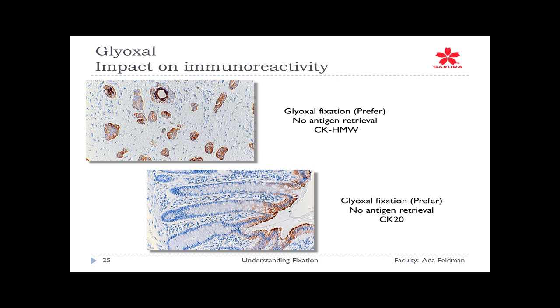Both of these antibodies generally require heat-induced antigen retrieval. Both of these antigen retrieval steps were totally omitted, and we got perfect immuno results and perfect morphology. And this is what we would expect, since we don't have the cross-linking.